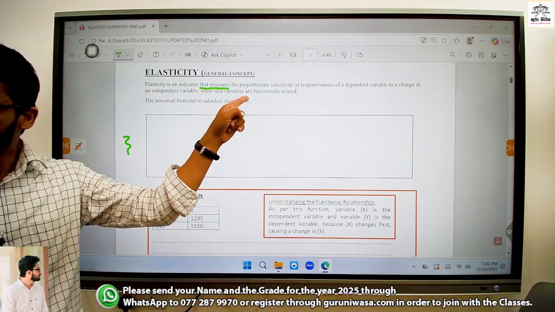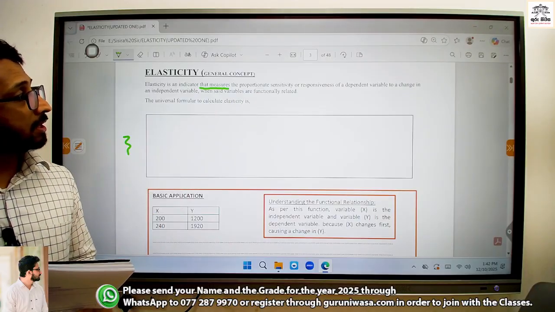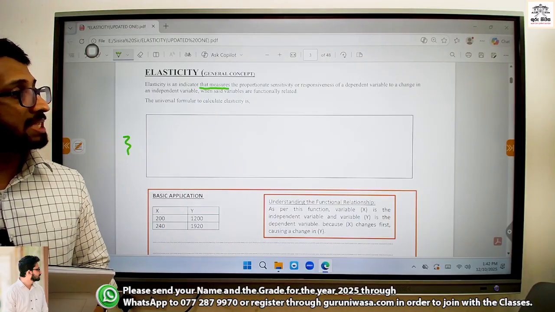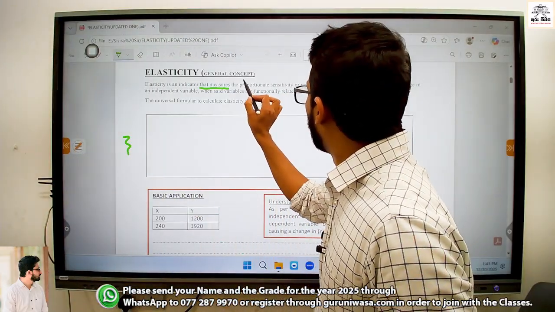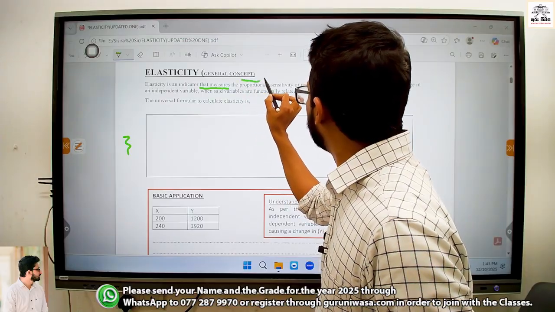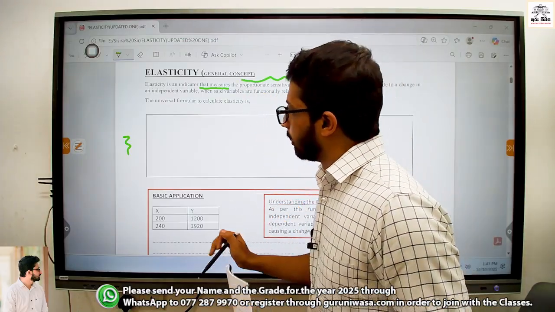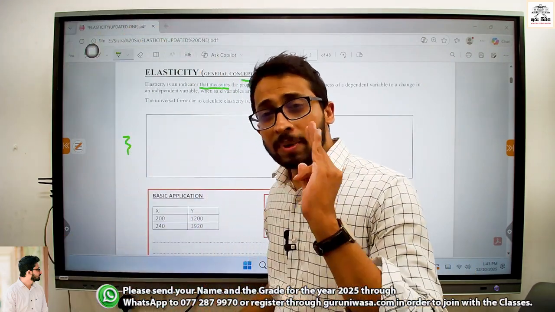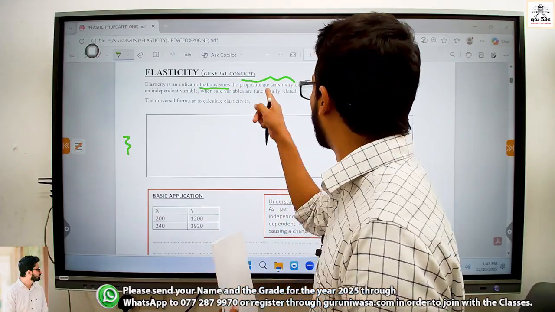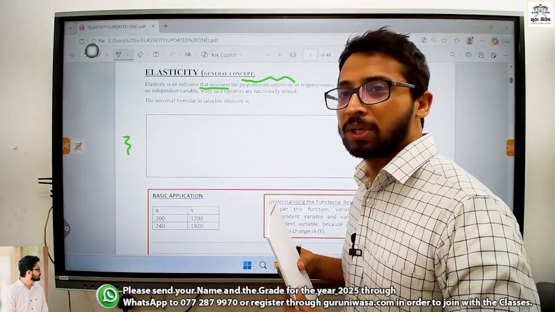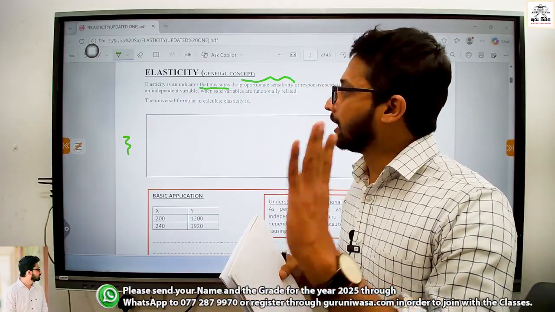It measures the proportionate sensitivity or responsiveness. Lamai, proportionate sensitivity means, remember, here we measure the percentage change. What change? Percentage change. Proportionate or responsiveness means percentage change.